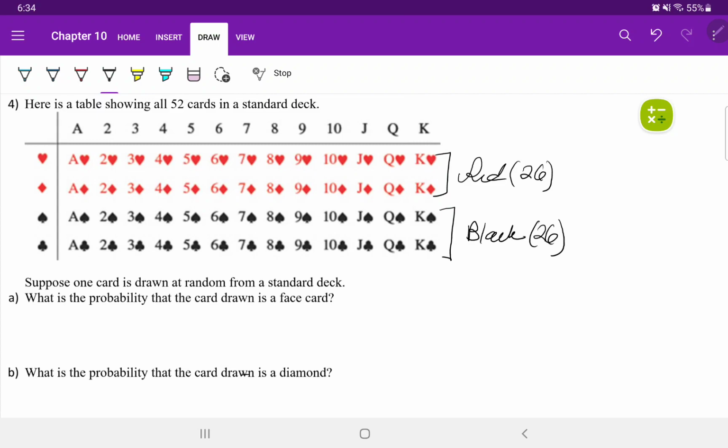If you also notice, I have 4 different shapes, and these shapes are called suits. The first shape is called hearts, and I'm going to box that in blue. The next one is called diamonds.